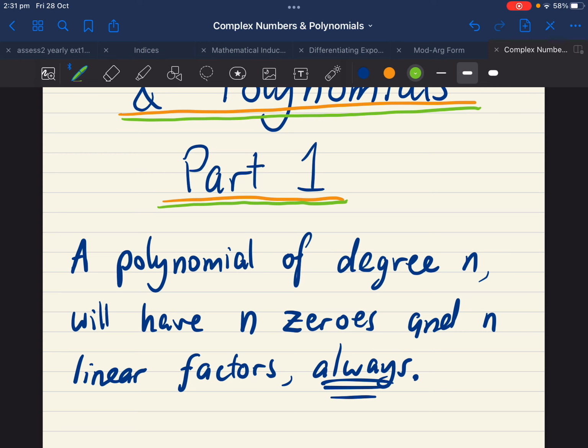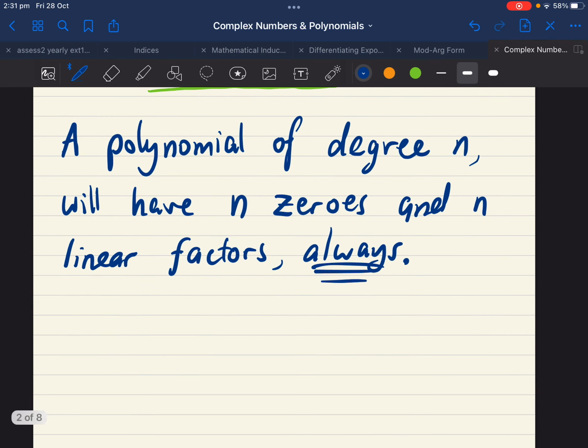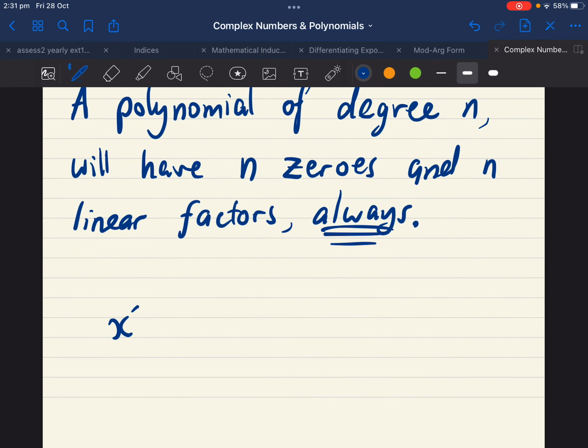So for example, if you have a polynomial of degree 4, let's say we've got some random polynomial here that's of degree 4. If you've got complex numbers, this can be broken up into 4 linear factors no matter what. And if we were to find the zeros of this particular equation, it will definitely have 4 solutions.